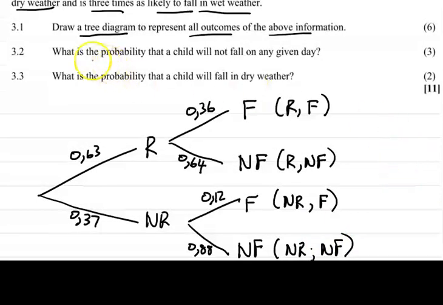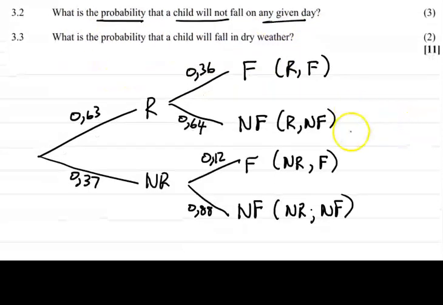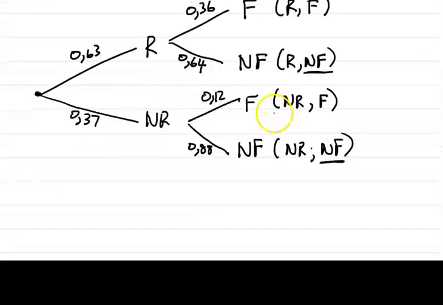Now we can answer our questions. What is the probability that a child will not fall on any given day? So not falling. So let's look at that. So therefore, not falling is there, and also here, not falling. So we have to follow the tree diagram from the branches down to the root. There's a root down here. Okay, so let's write that down.